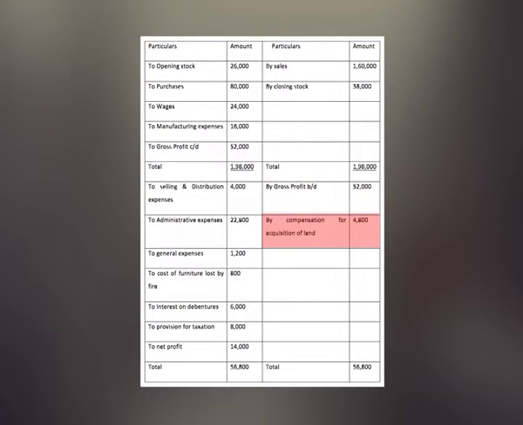Then by compensation for acquisition of land 4,800. The total for this is 56,800. Now by balancing we get a net profit of rupees 14,000. You are required to calculate the gross profit ratio, net profit ratio, operating profit ratio and operating ratio.